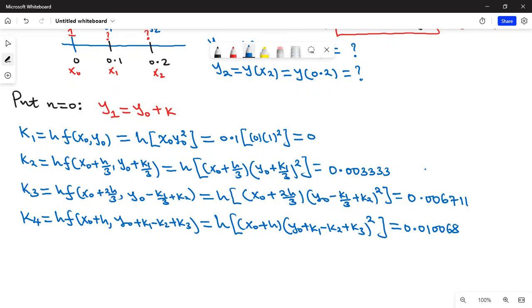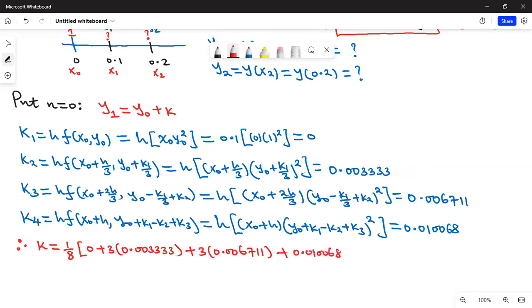We are rounding off to 6 decimal places. So with those, we can now find k and y1. So you can just say that therefore, our k is 1 over 8 into k1 is 0 plus 3 times k2, which is 0.003333, plus 3 times k3, 0.006711, plus k4, 0.010068.